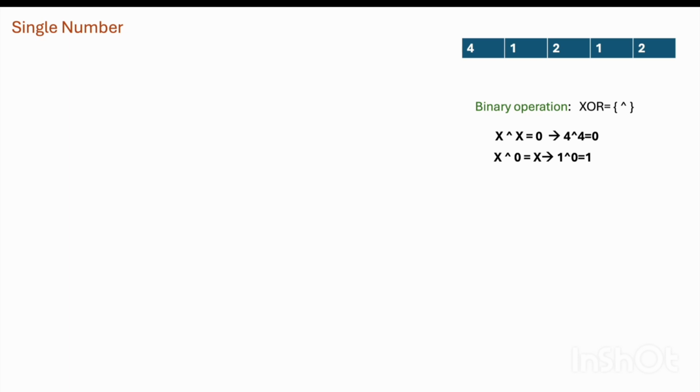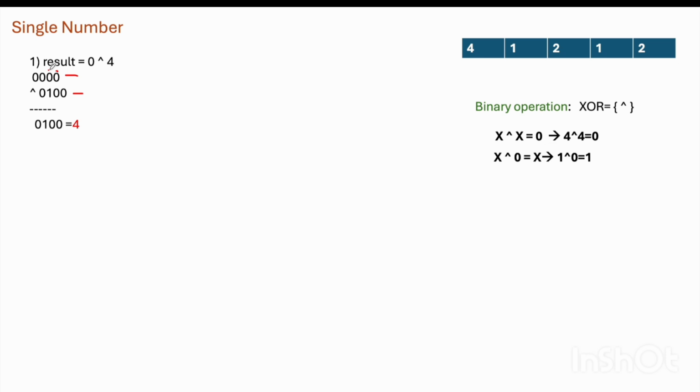Now I will explain the step-by-step process of the binary approach. In step 1, we compare the XOR of 0 and 4. Any number XOR with 0 remains unchanged. This is the binary representation of 0 and this is the binary representation of 4. For calculating this, we go from the right side. 0 with 0, both are the same, so it's 0.